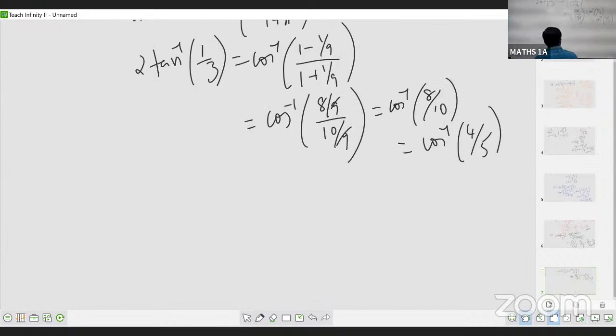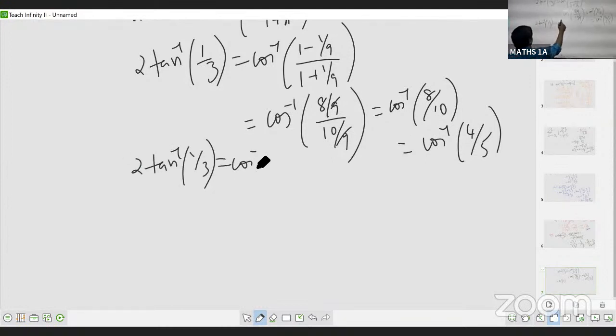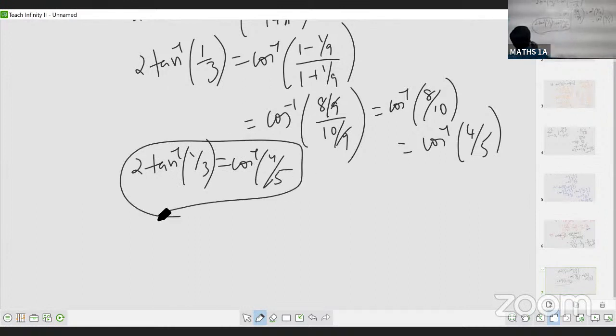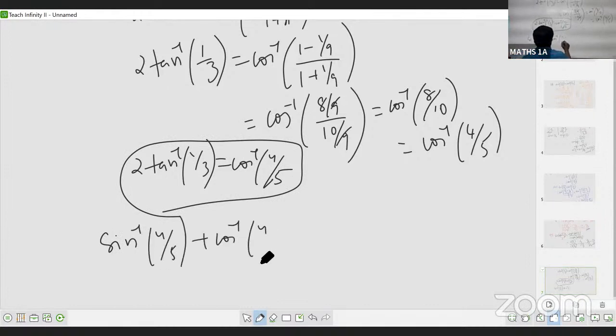So in your LHS, 2 tan inverse 1 by 3 in terms of cos inverse is this 4 by 5. So see the question, sine inverse of 4 by 5 plus cos inverse of 4 by 5, which is equal to pi by 2 by formula.